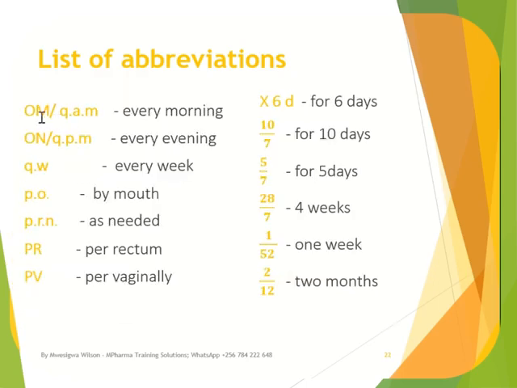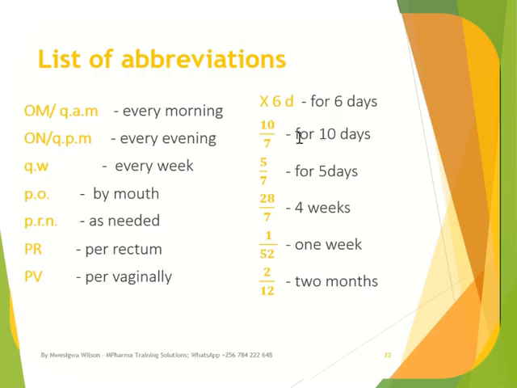OM, every morning; QAM, QPM; PO, by mouth; PRN, as needed, which you see on prescriptions especially for inhalers for asthma. PV, per vaginam; PR, per rectum. These are routes of drug administration, as you saw earlier on.